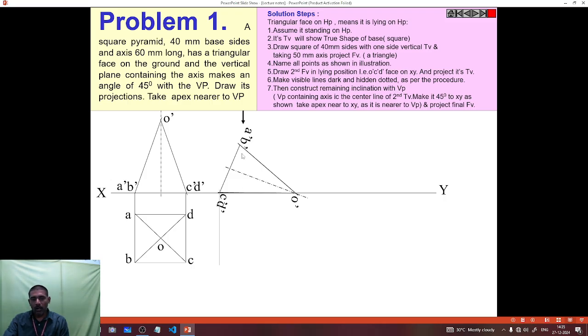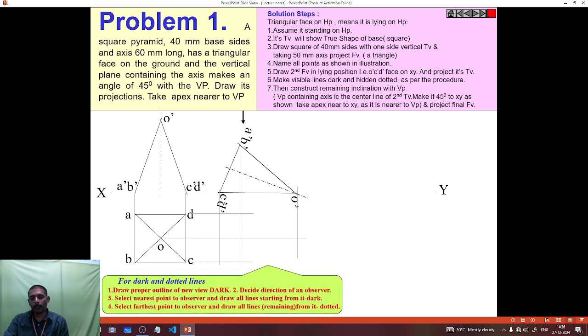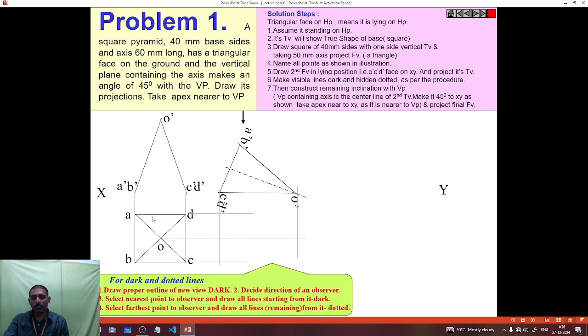Next, draw the extension lines from all the points, from the step 1. Next, where the horizontal line and vertical line meet, give the name. See your horizontal line and your vertical line meeting here.